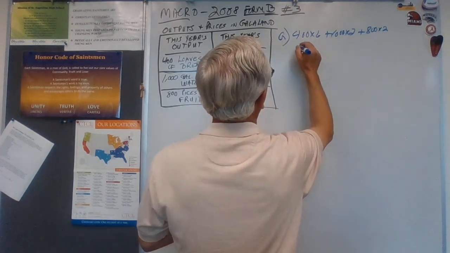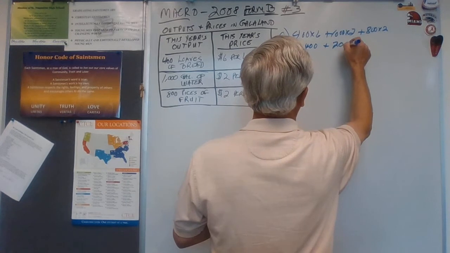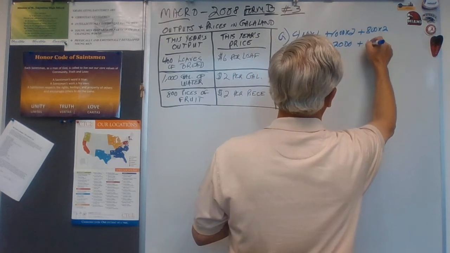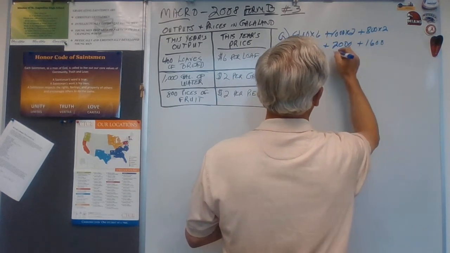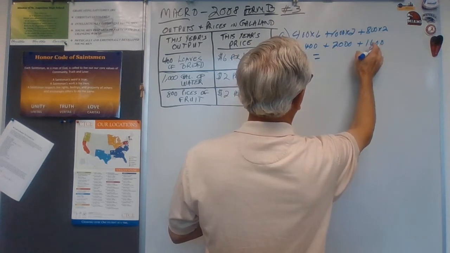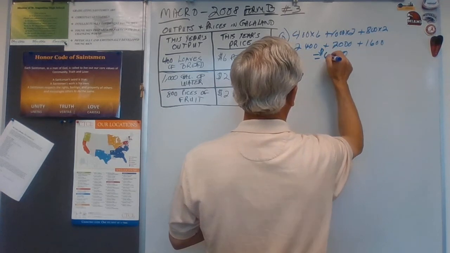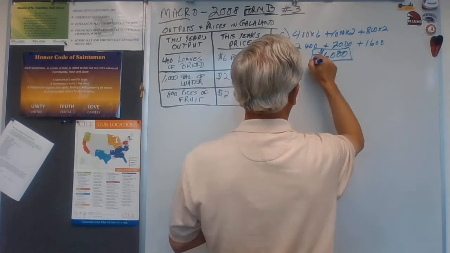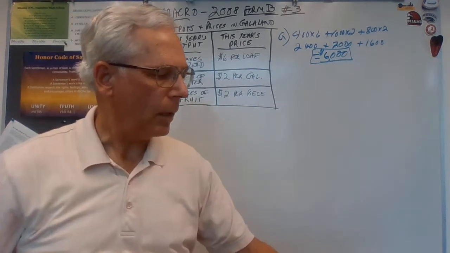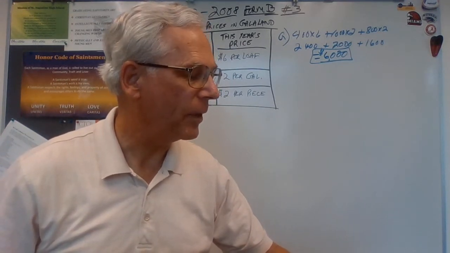So that's 2,400 plus 2,000 plus 1,600, and that's going to equal $6,000 exactly. Okay, that was easy. They always start you off with something easy.